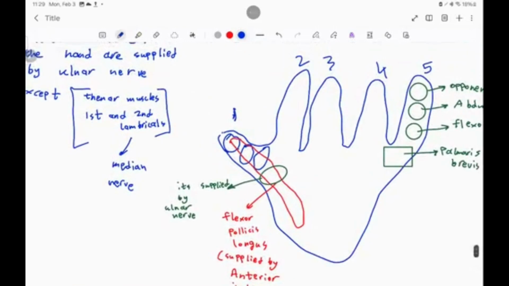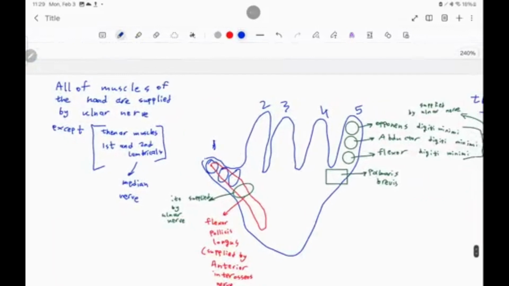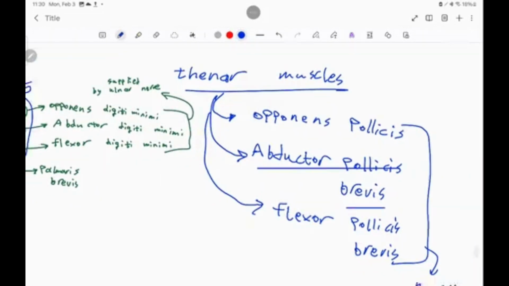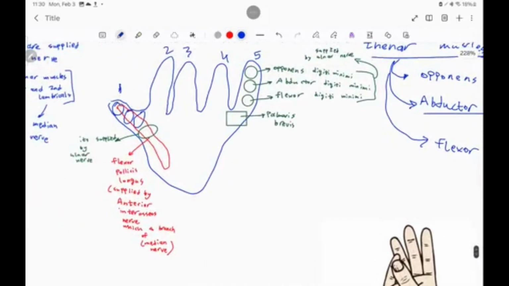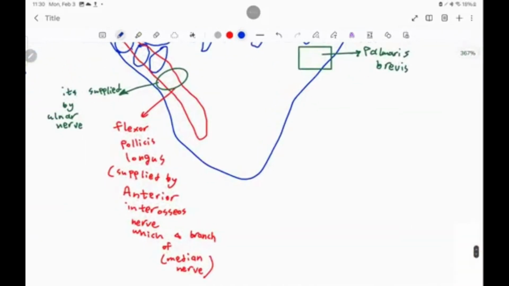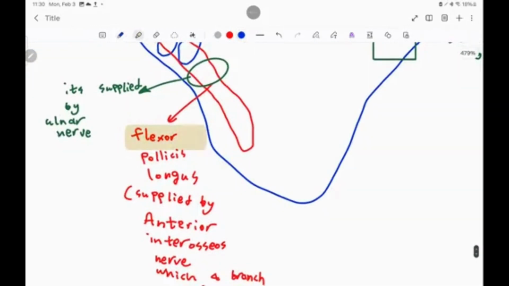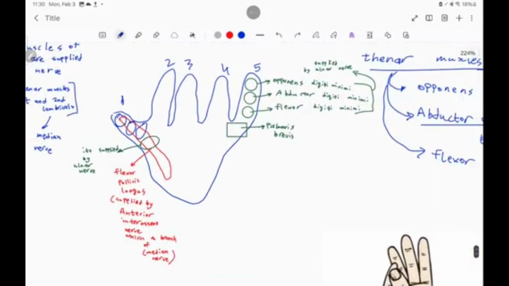For the thumb we have what? The abductor pollicis brevis, as well as abductor pollicis longus. As we said, we have flexor pollicis longus. We also have abductor pollicis longus, but it's on the dorsal side.